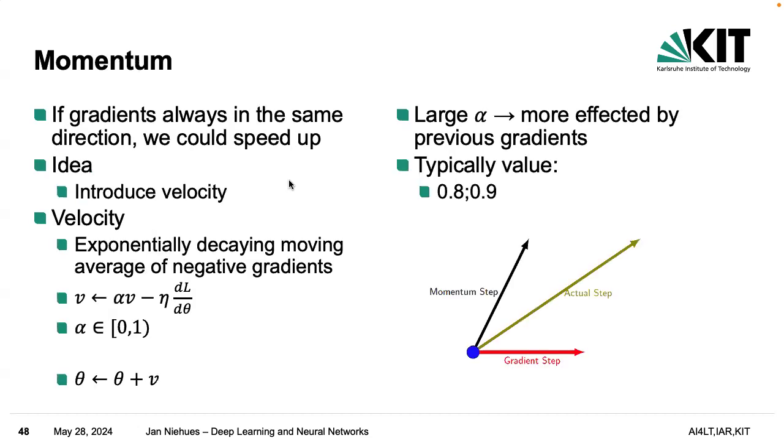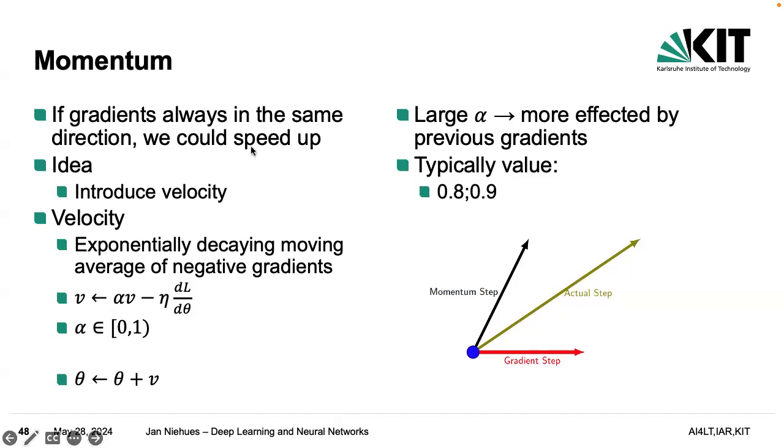So this is the first idea, they call it momentum. The idea is if the gradients always go in the same direction, that is good, then we can go more and more in this direction. In contrast, if the gradients always go in different directions, then maybe we shouldn't do such big steps, because somehow we're running only randomly around.